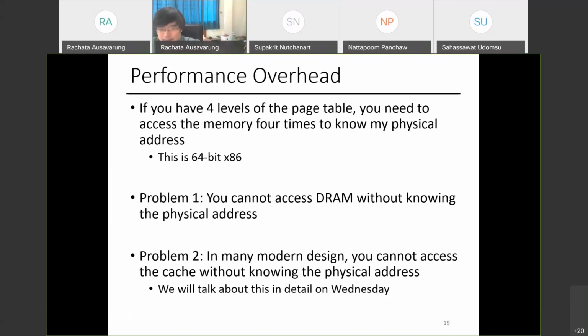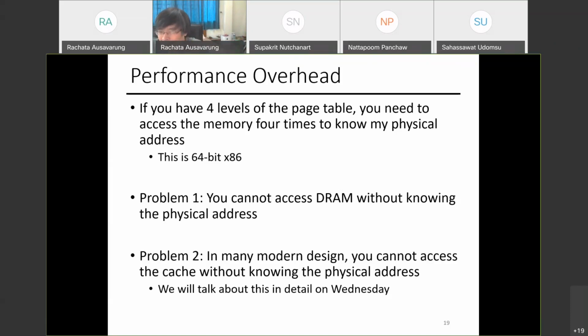As I said, I'll tell you the reason why. But with this constraint, you need to go to memory 4 times to get your physical address, just so that you can access the cache. And that's a bad thing, right? Basically, you don't want this.